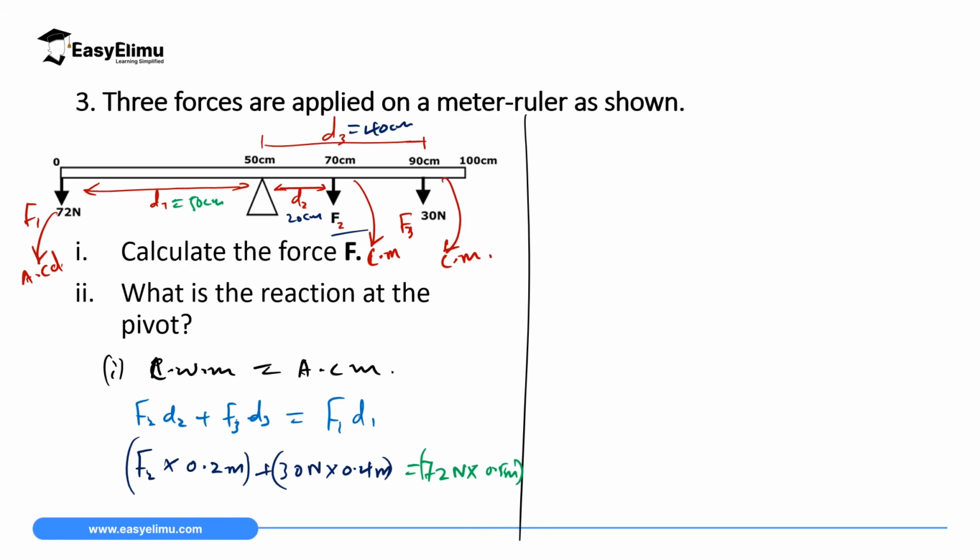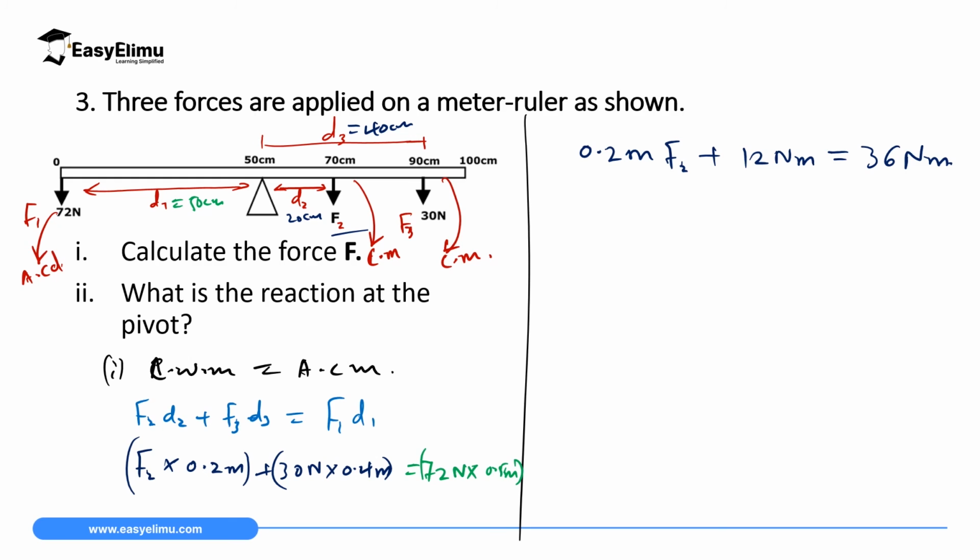So if we solve this, for the clockwise moment it will be 0.2 meter F2 plus 30 times 0.4, which is the same as 12 Newton meter, equals 72 times 0.5. This is the same as 36 Newton meter.